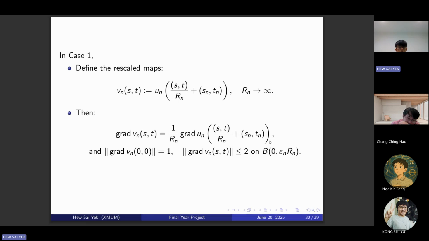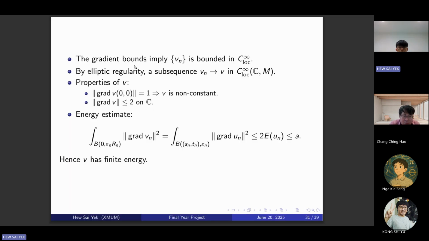In case 1, we define the rescaled map, and its domain becomes larger since R_n goes to infinity. It must satisfy some properties. It is uniformly bounded. Like the elliptic regularity, this implies it has a subsequence converging to v in C-infinity, and since the gradient of v at 0 equals 1, v is non-constant, and the gradient of v is bounded.